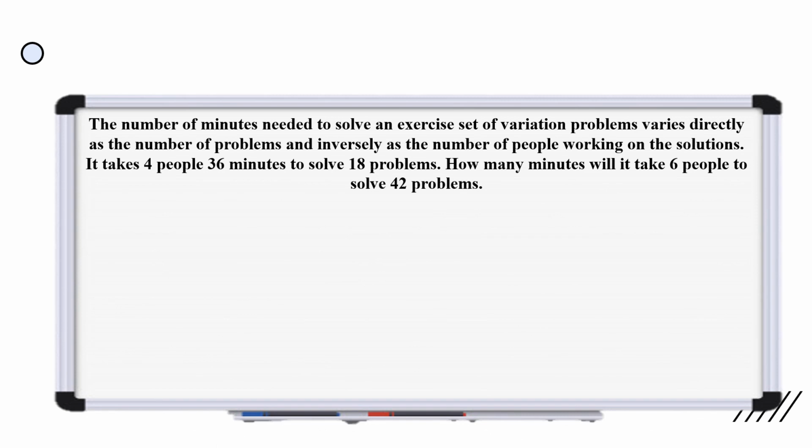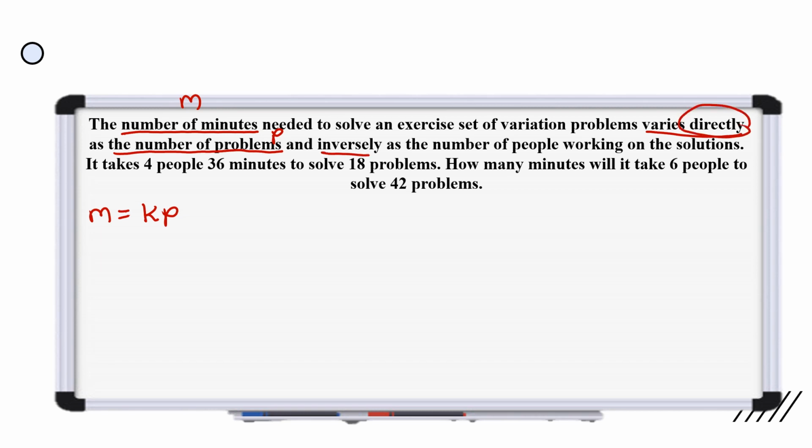So, we have here, next problem. We have here the number of minutes. Yun na natin M. Needed to solve an exercise, a set of variation varies directly as the number of problems. So, gawin natin yung P. So, M is equal to K, P, kasi directly. Pero may kasunod pa.